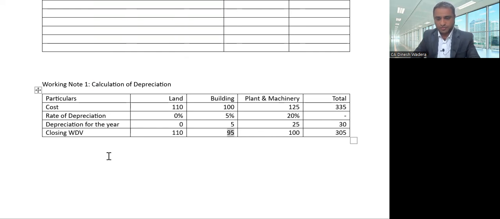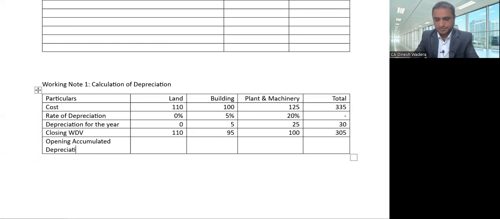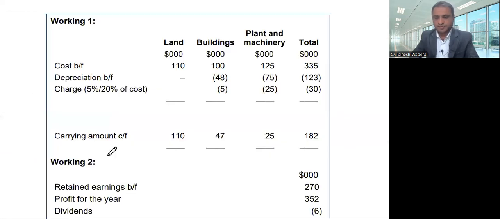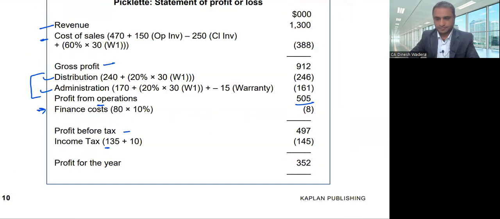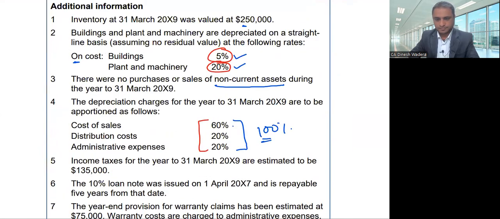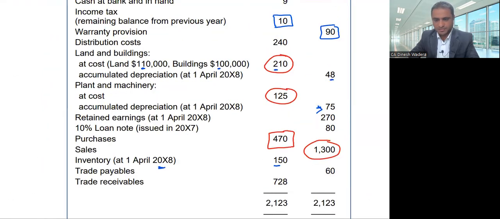Now, what is our opening accumulated depreciation? So we will have to get back to the question. Definitely we will get it in the books.